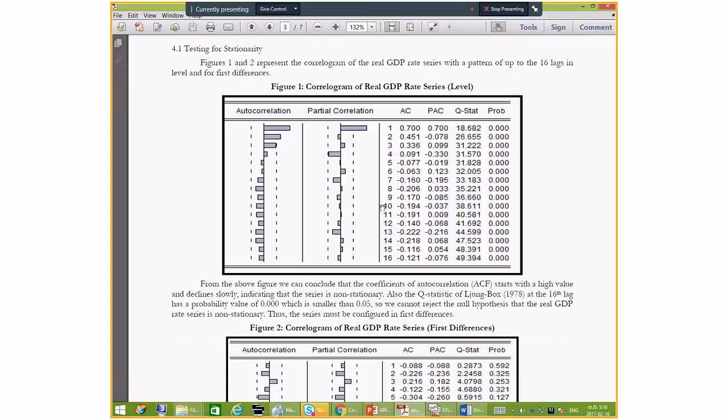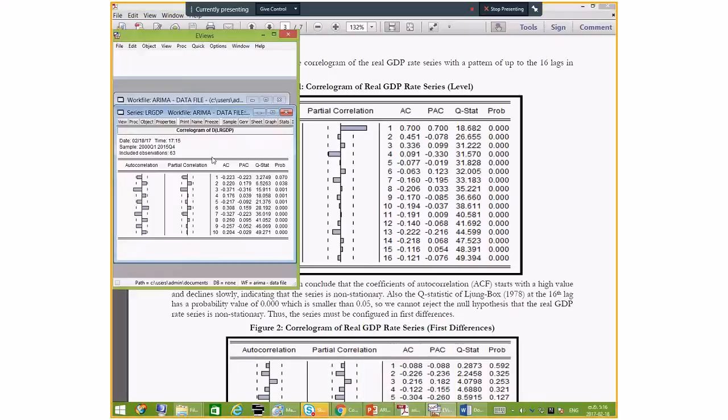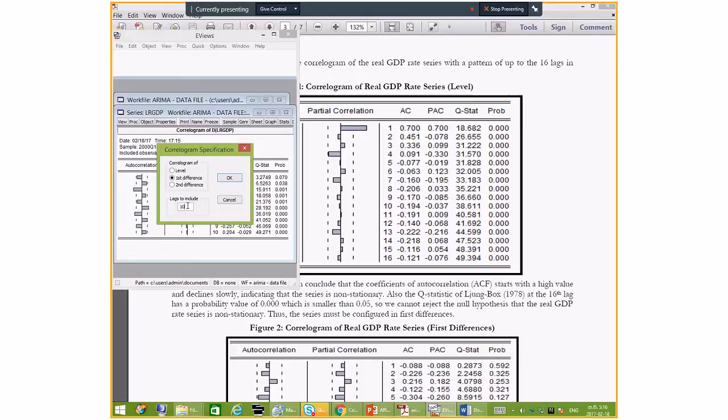In figure 1, our limit is 0.25. This graph shows the correlogram. Let's see the 20 lags.